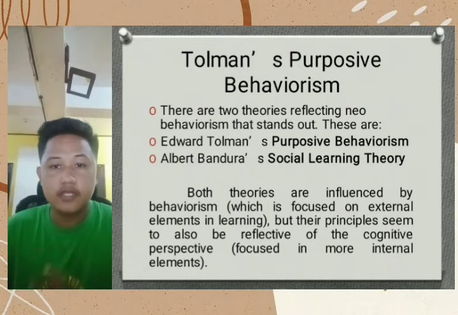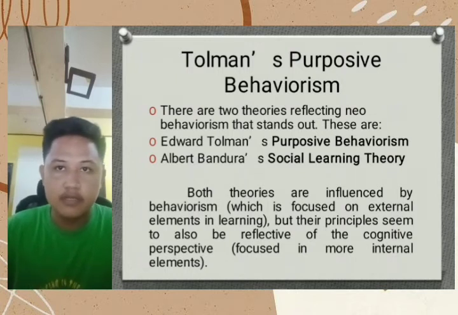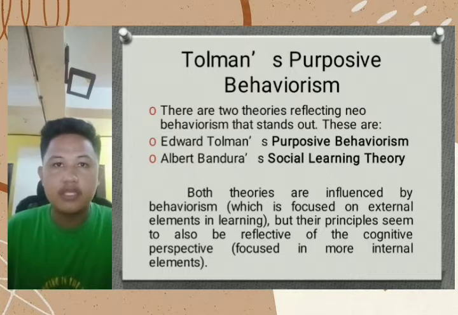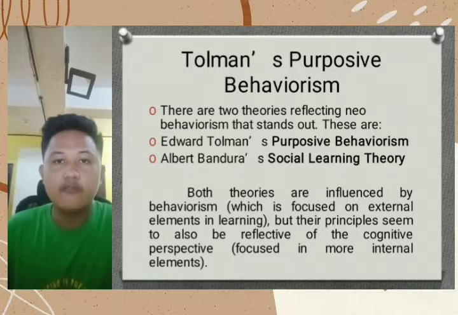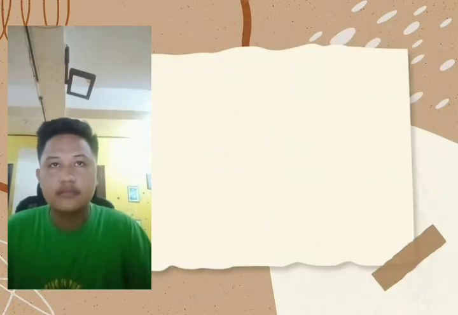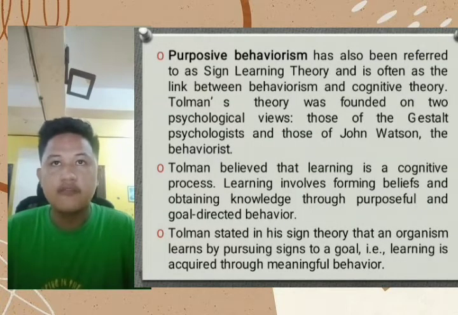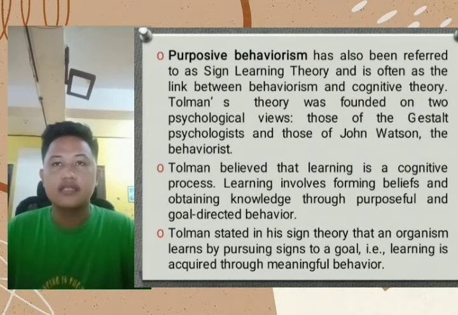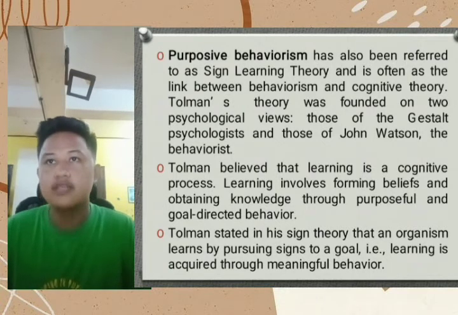Both theories are influenced by behaviorism, so they focus on external elements in learning, but their principles also seem reflective of the cognitive perspective that is focused on internal elements. Purposive behaviorism has also been referred to as sign learning theory, and is often seen as the link between behaviorism and cognitive theory.